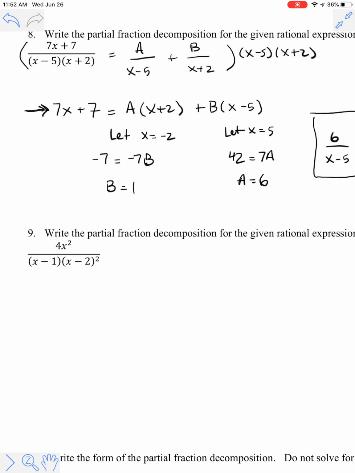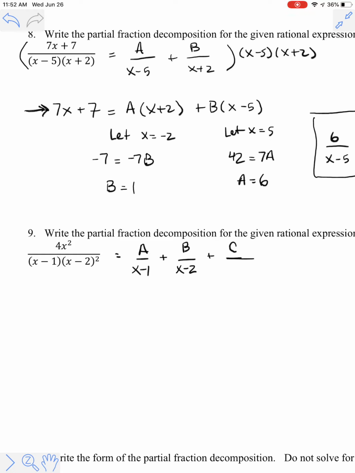Question 9, there's x minus 1, and then x minus 2 is repeated twice, so there's 3 factors in the denominator, so that means I'm going to have 3 partial fractions. X minus 1 just appears once. X minus 2 appears twice, so what we talked about in class is if we have repeated factors like this, you have to write them kind of ascending.